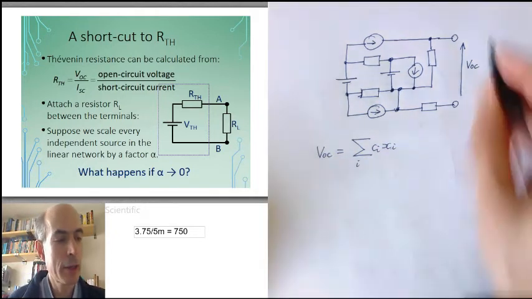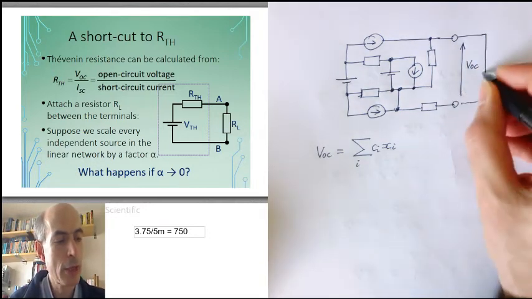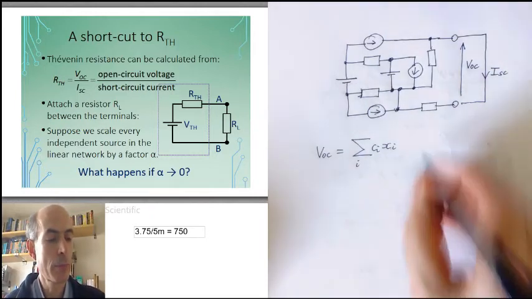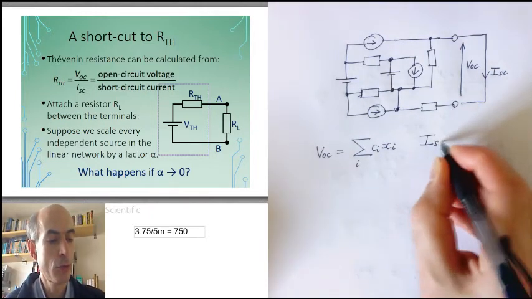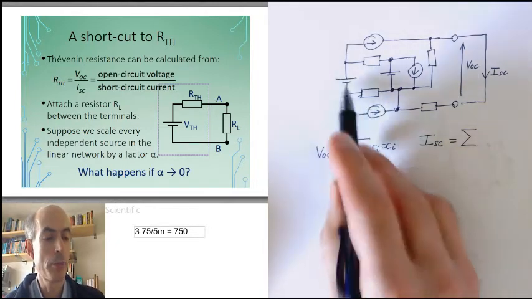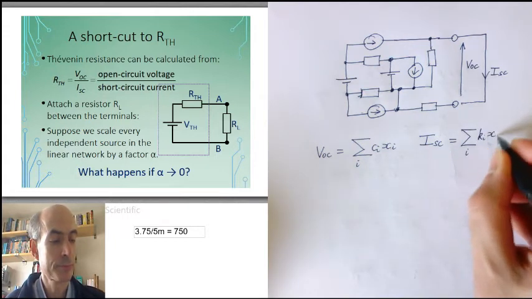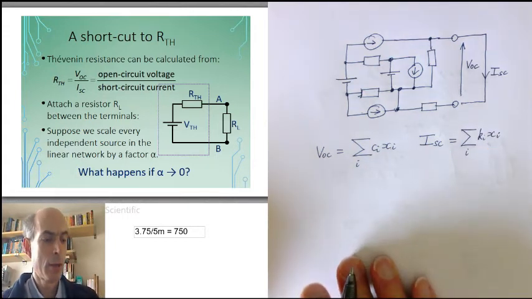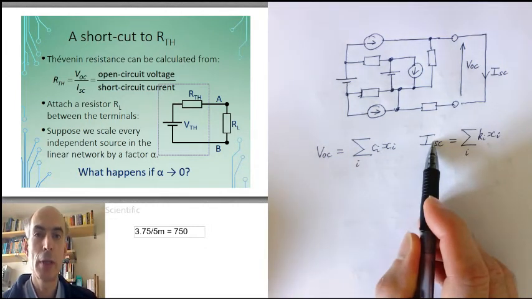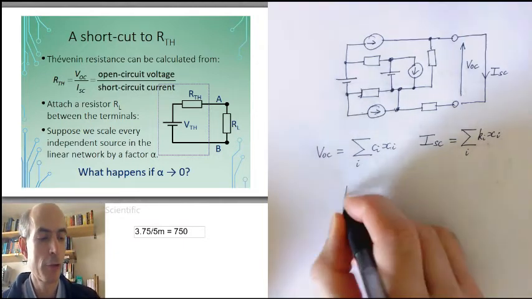Equally, if I connected a wire between these two terminals, I would have the short circuit current flowing through that wire, and the short circuit current would also be a linear function of the independent sources in this circuit. The ratio of the open circuit voltage to the short circuit current is, as we know, the resistance in the Thevenin equivalent circuit.